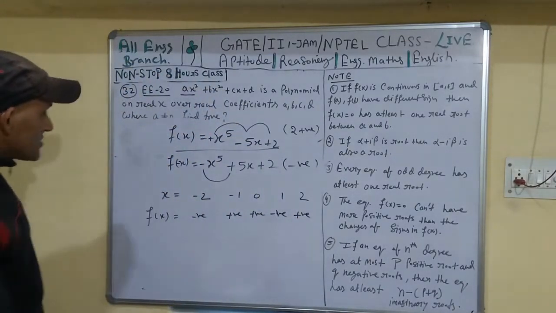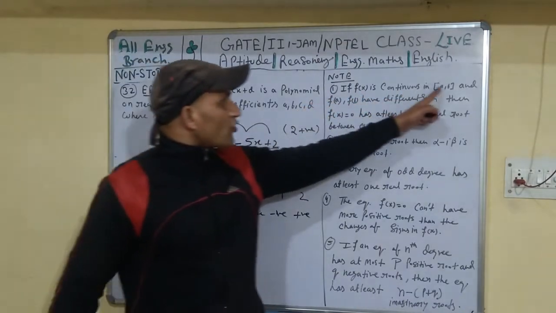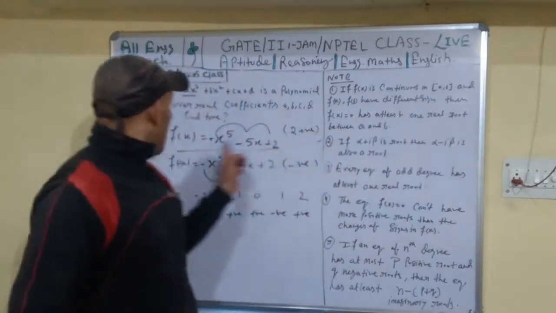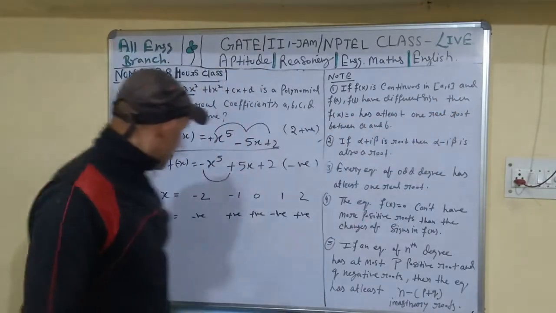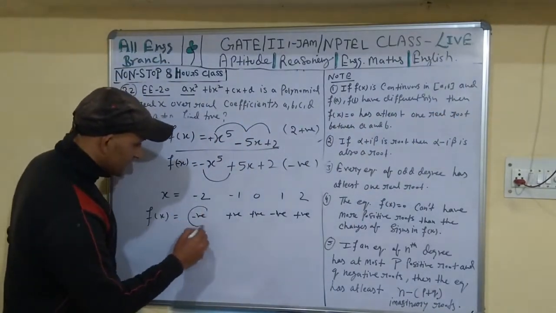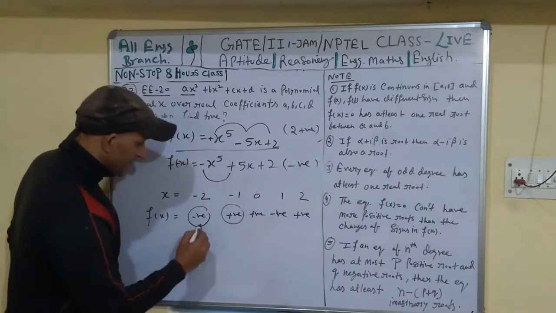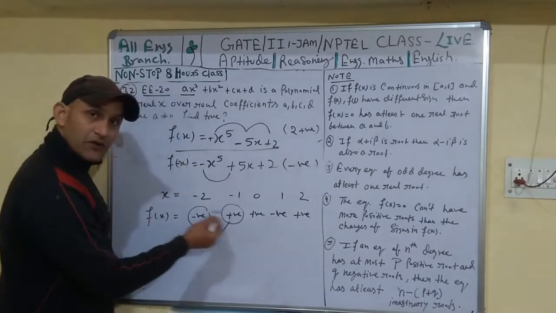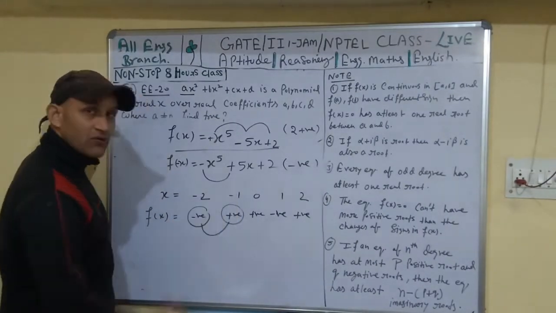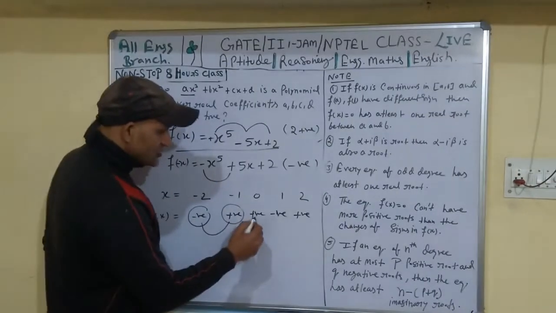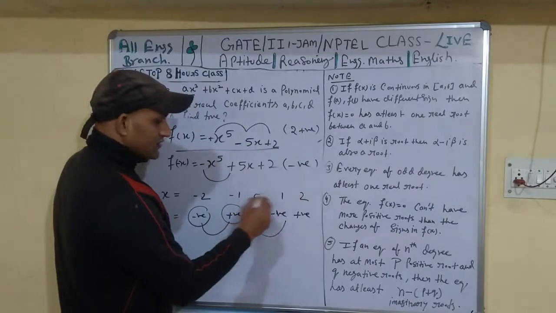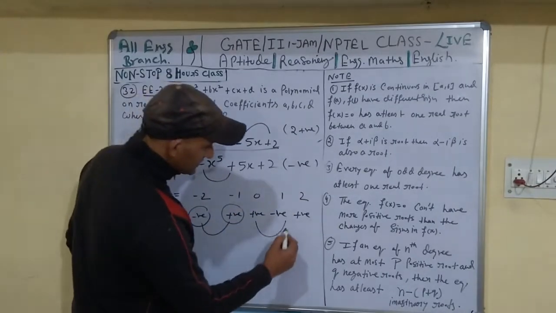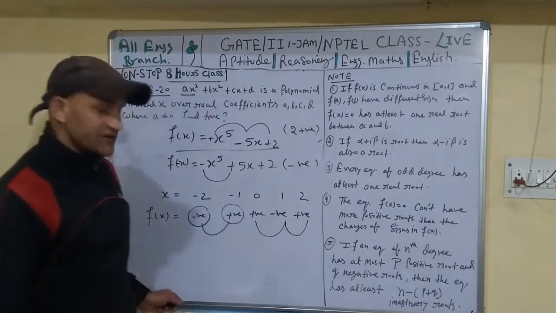So we have written that if f(x) is a continuous function in the interval [a, b], every polynomial is continuous, and f(a) and f(b) have different signs. Here the sign is minus and here the sign is plus. It means that one root will lie between the two points minus 2 and minus 1. Again, this is positive, so no root lies here. Here one root lies between the interval 0 and 1. Again this is minus, plus, so one root lies between 1 and 2.